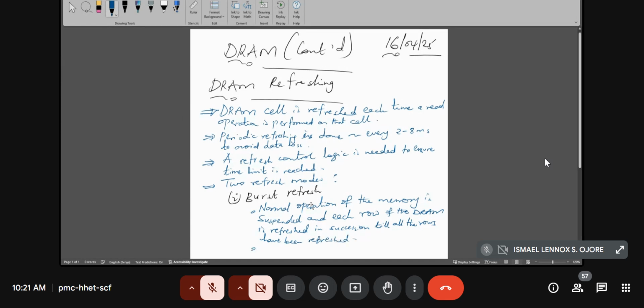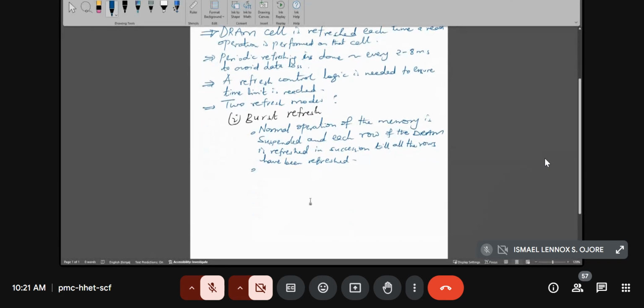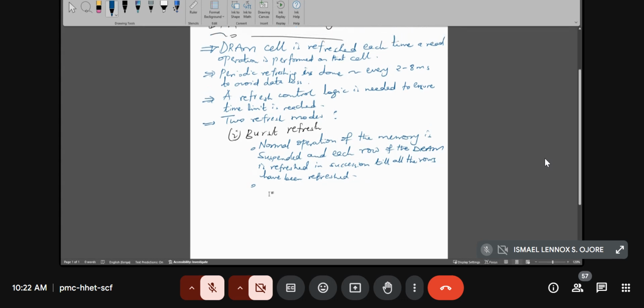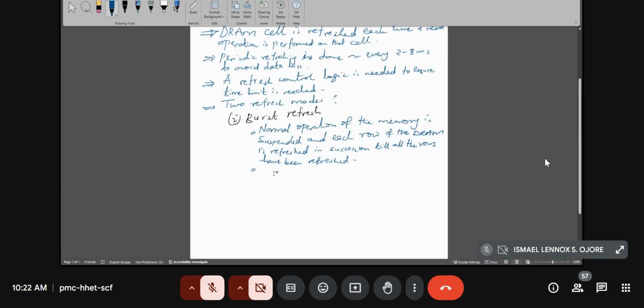So of course, if the normal operation of the memory is periodically suspended, although for very short periods in the milliseconds range, it still has an impact on the effectiveness of such a memory, and therefore the burst refreshing mode can lead to slow memory access, and therefore generally can lead to slowing down the system.